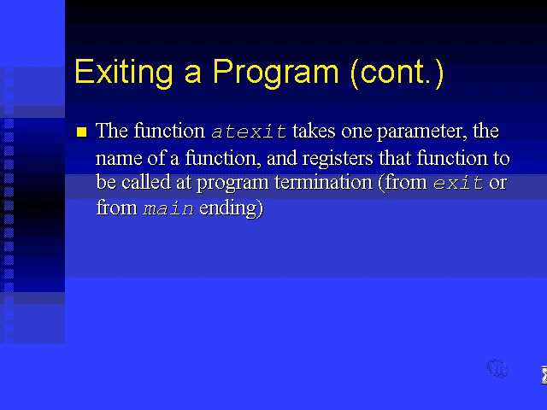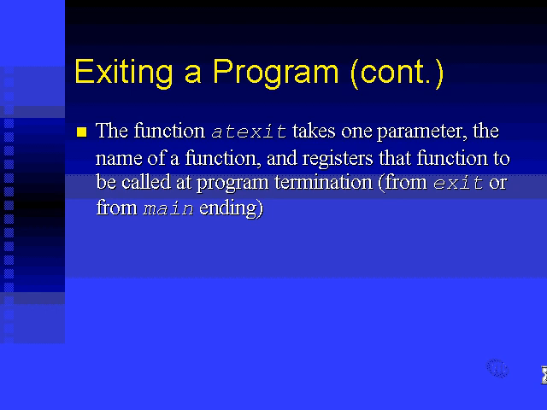Anyway, when you pass a function pointer to atexit, in other words, if you just pass the name of a function to atexit, it registers that function as a function to be called automatically whenever the program exits. It doesn't matter which way the program exits. It can either exit using the exit function, or it can exit when main ends.